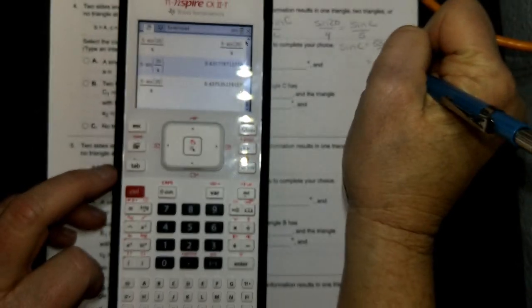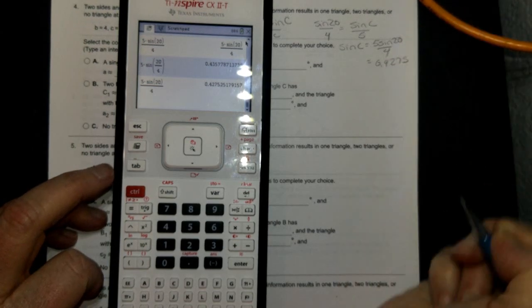Let's see, 5 times sine 20 divided by 4. One more time. 5 times sine 20 tab divided by 4 equals 0.4275.